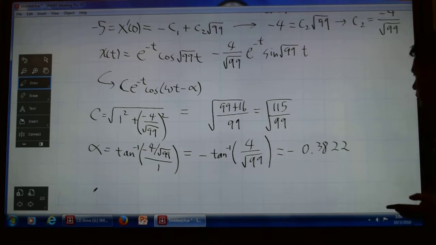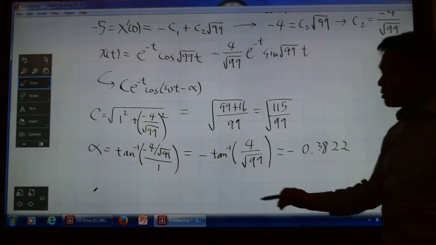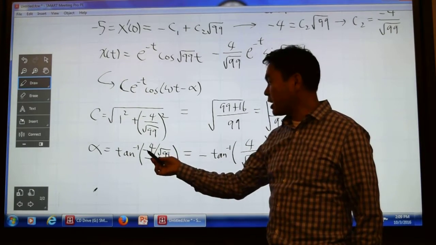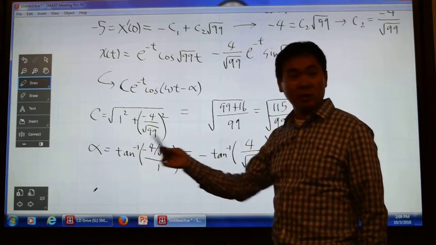0.3822 as your... Yes? For the second thing that you do with the angle, isn't it just negative tan, not negative tan inverse the second time? Well, the function was negative. No, this tan inverse is always the function that you need to use. This minus that was inside, you can pull it outside.